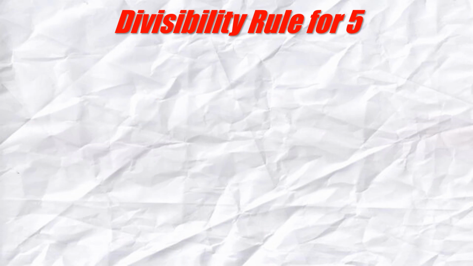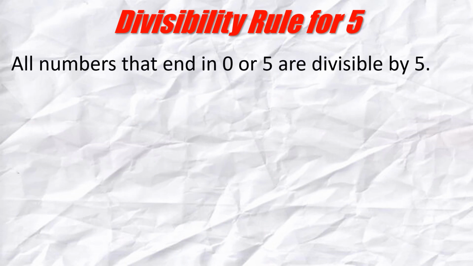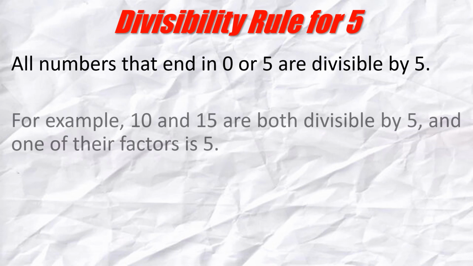Next, for the next rule, all numbers that end in 0 or 5 are divisible by 5, meaning they can be divided by 5. For example, 10 ends in 0 and 15 ends in 5, so both are divisible by 5, and one of their common factors is the number 5.